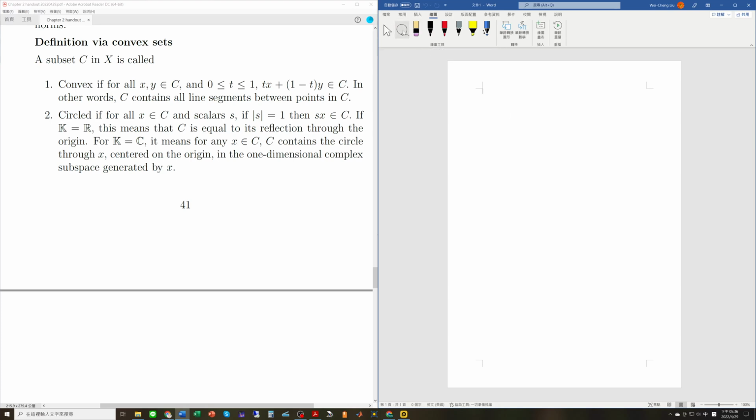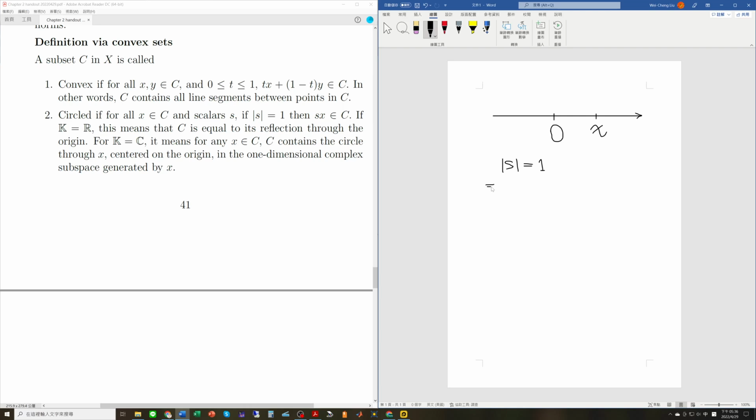So if we have real numbers, this is the line of the real numbers, and this is the origin, and here is x, and a scalar s, and we know that the absolute value of s is equal to 1.